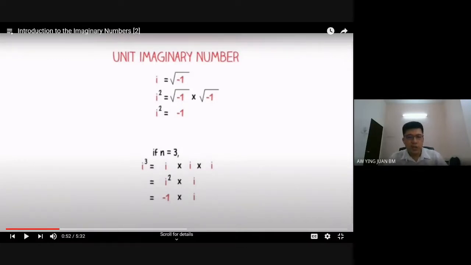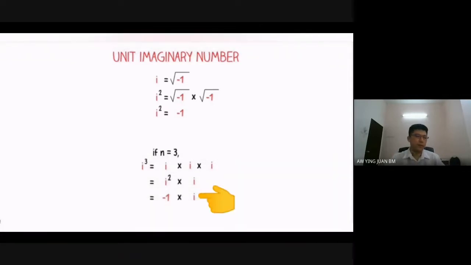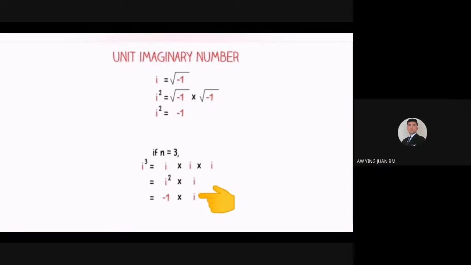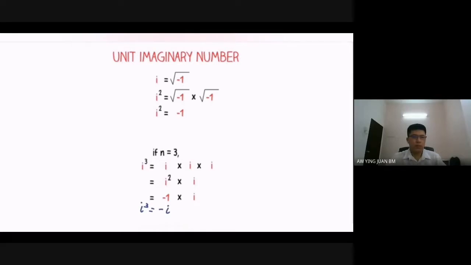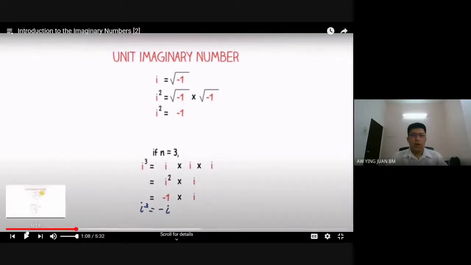Okay, so just now the question asked us what is i cubed? Now, as i squared is equal to negative 1, multiplied by i, we can say that i cubed is equal to negative i. What is i? It is just a unit imaginary number.